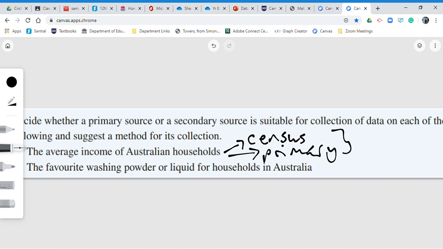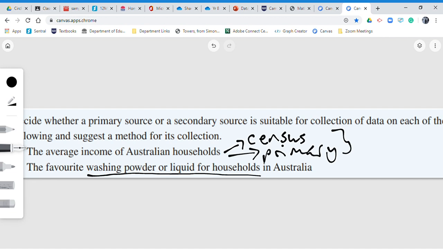So, second one. Favorite washing powder or liquid for all households in Australia. This information probably isn't collected directly by the government. It's going to be usually collected by some kind of agency, and that agency might be collecting it for another purpose, like to inform information.